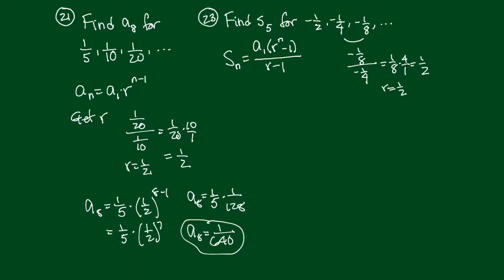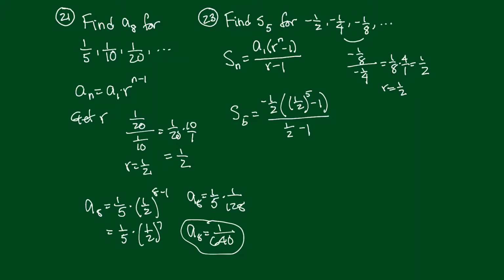So let's substitute in. S sub 5, the sum of those first 5 terms, is going to be the first term, negative 1/2, times 1/2 to the n, and n is 5, minus 1, all over r, which is 1/2 minus 1.